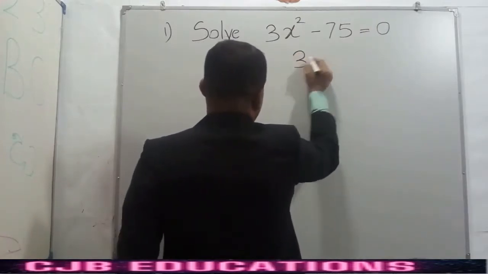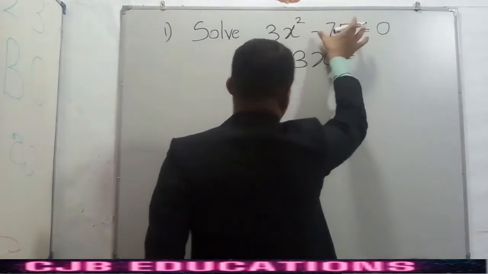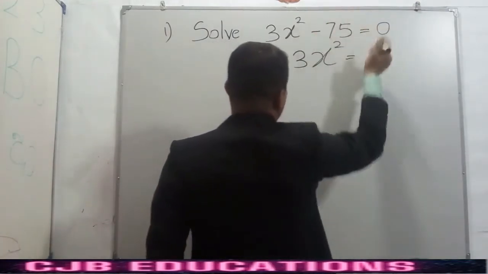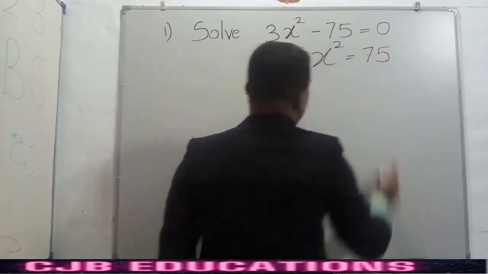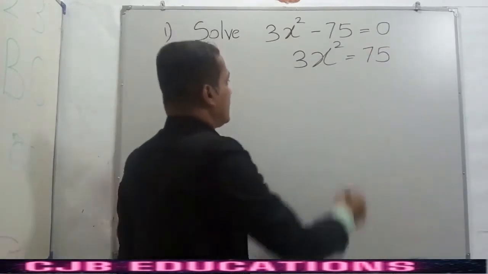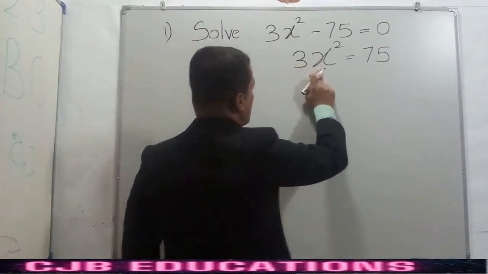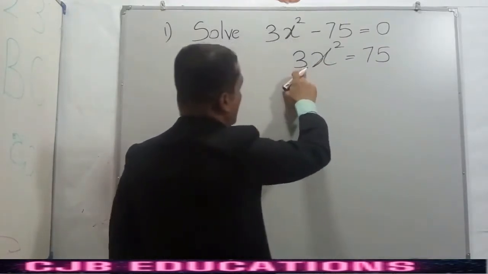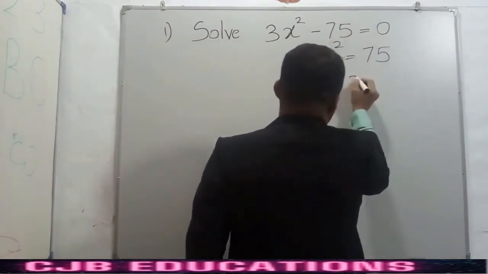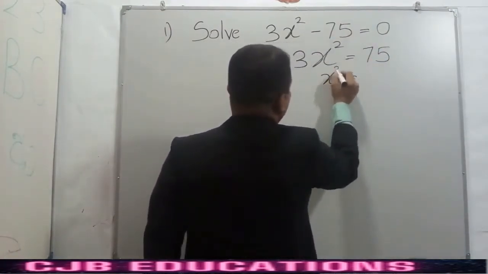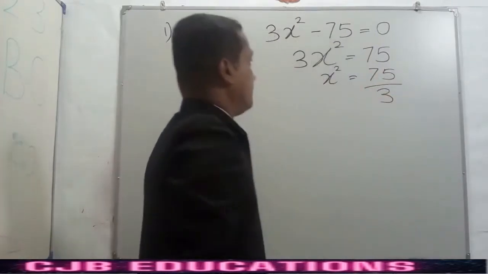Then we can write 3 times x square equal to minus 75 becoming plus 75. Then this is 3 times x square. We multiply by 3 on this side, and it becomes 75 divided by 3.